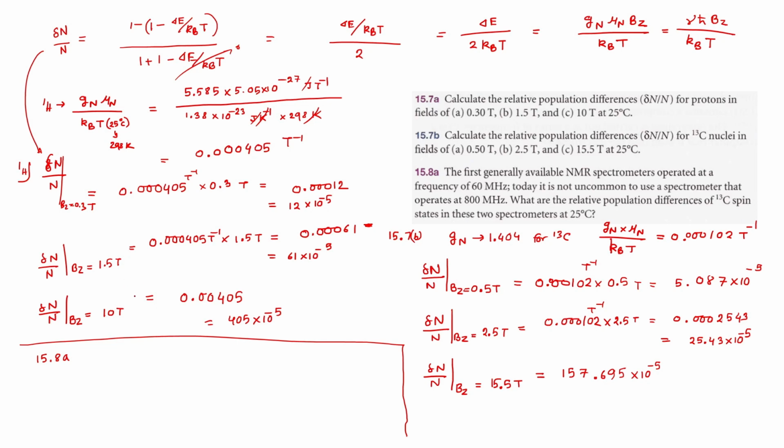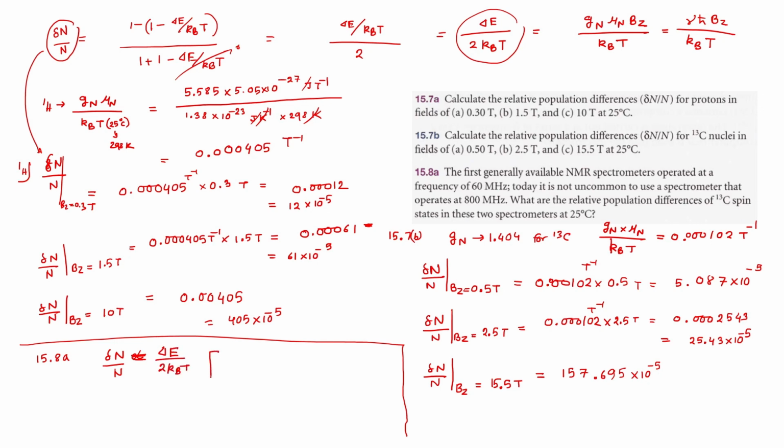So from the previous question you understand that your delta n by n is delta E by 2 kBT.